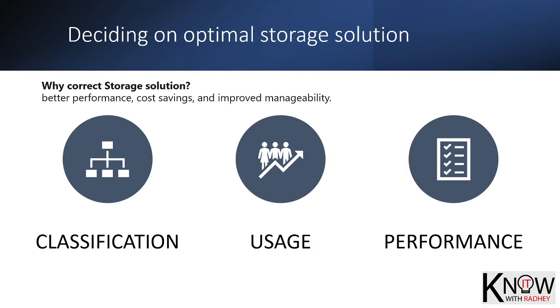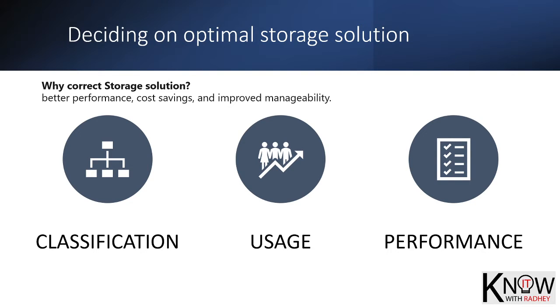Second is cost savings. Now there are situations, let's say we just discussed, right? So there are three aspects of data: product catalog, media files like photos and videos, and the financial business data. Now financial business data won't be required every time.